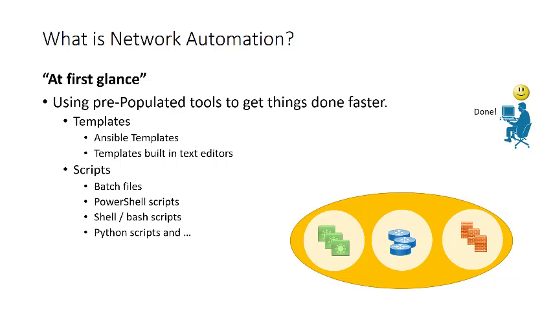So, what does network automation actually do? Well, picture this scenario. You have to configure a bunch of network devices, okay? In the past, you'd have to log into each one separately and type in the same commands over and over. But with network automation, we can say goodbye to all that manual work.